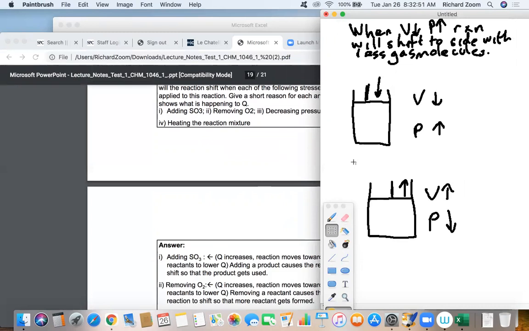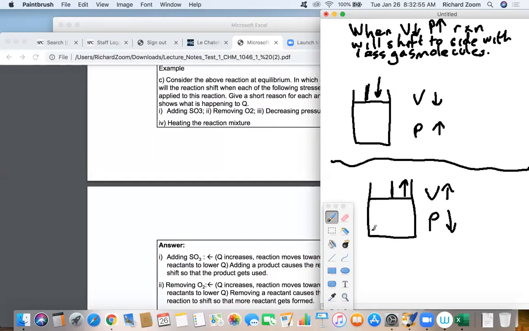When volume goes up and pressure goes down, the reaction will shift to the side with more gas molecules.